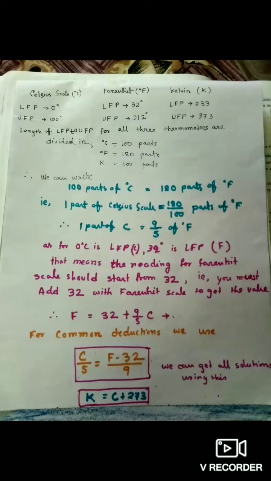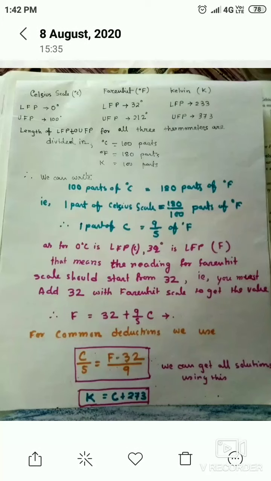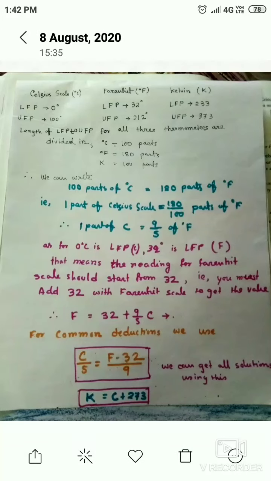And in case of Kelvin, as the Kelvin scale starts from 273 onwards, that means the lower fixed point is 273. So we should start the measurement in the Kelvin scale from there up to the required temperature, so we must add 273 to the centigrade scale.